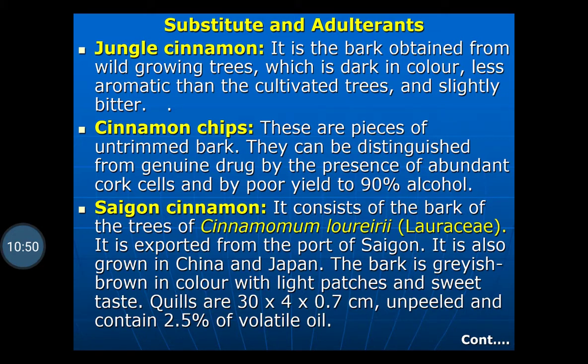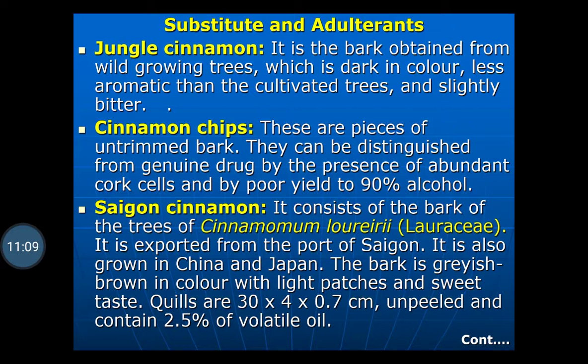These are pieces of the untrimmed bark. They can be distinguished from the genuine drug by the presence of abundant cork cells and by poor yield to 90% alcohol.